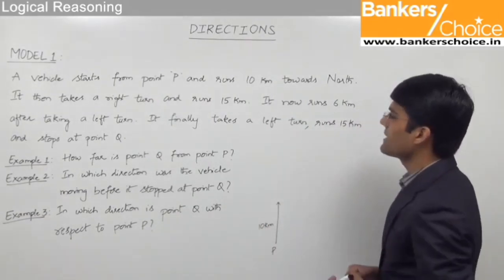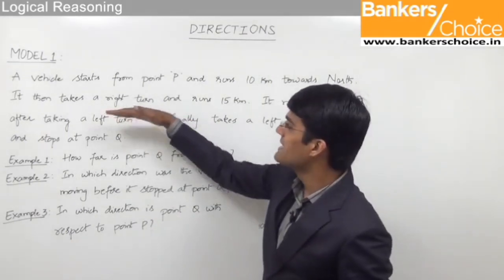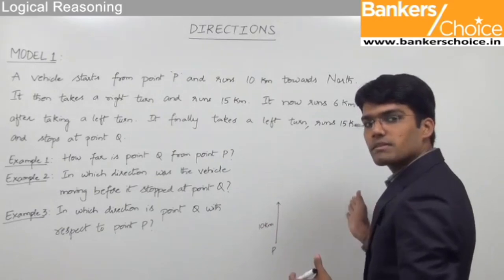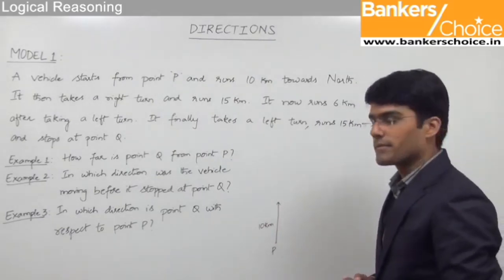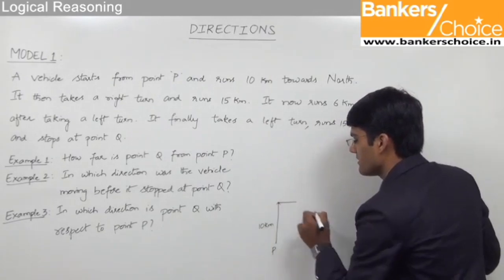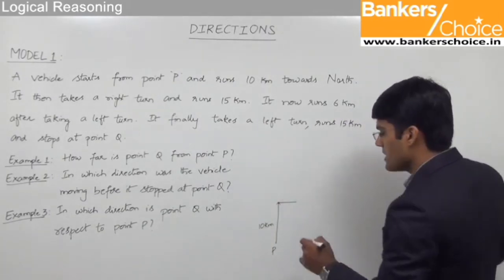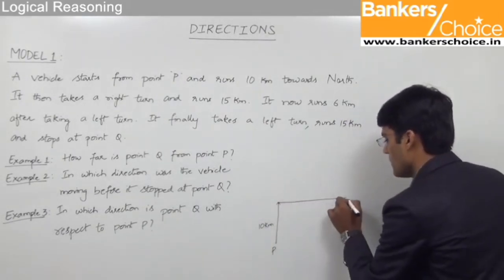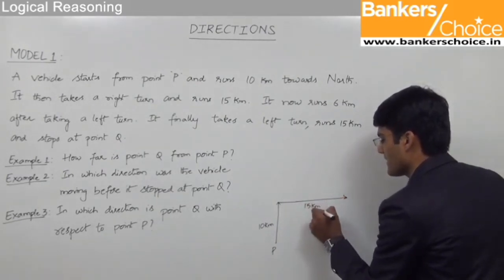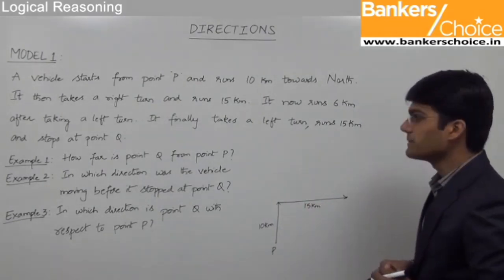After covering a distance of 10 kilometers, it takes a right turn and runs 15 kilometers. Right turn of that person will be towards right on the paper. So now the vehicle has changed the direction towards right, and it runs 15 kilometers. So let us assume the vehicle covers now a distance of 15 kilometers, and it stops at this point.